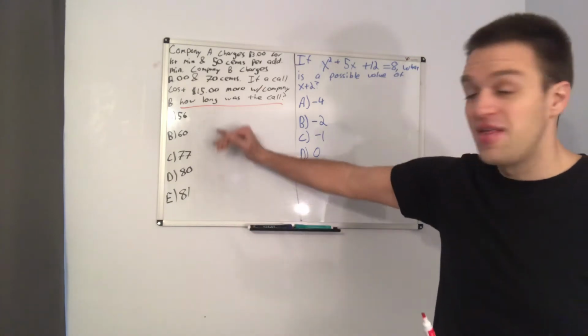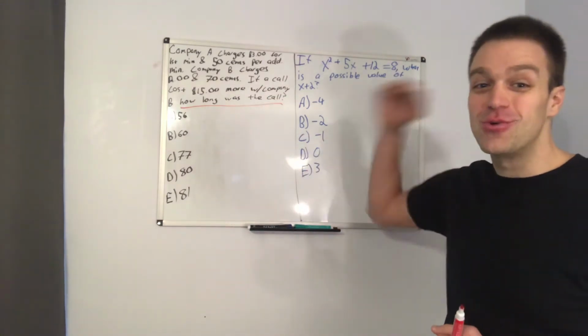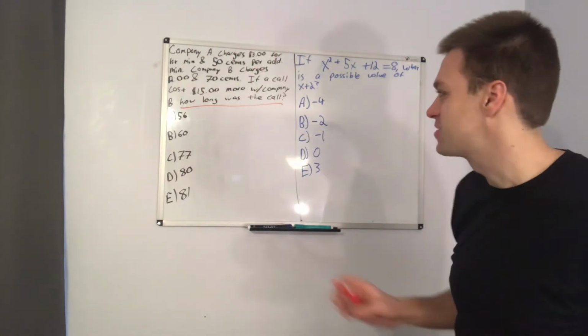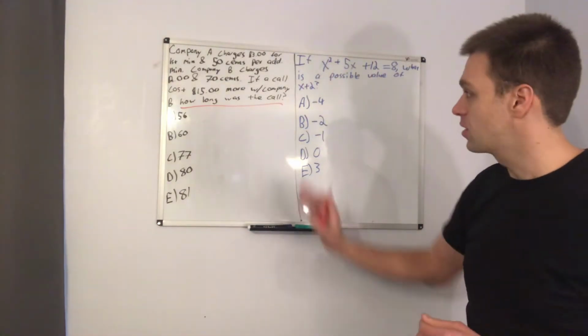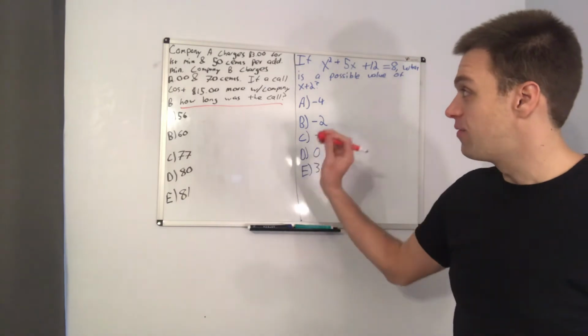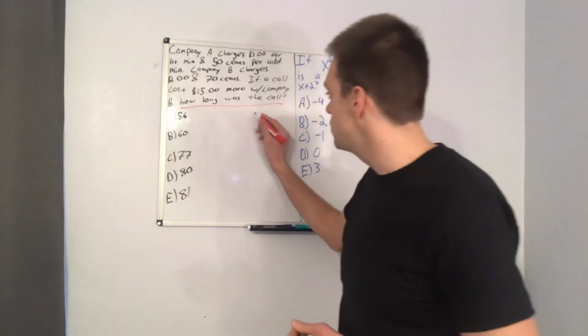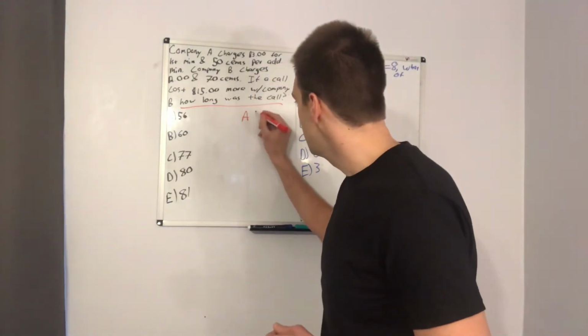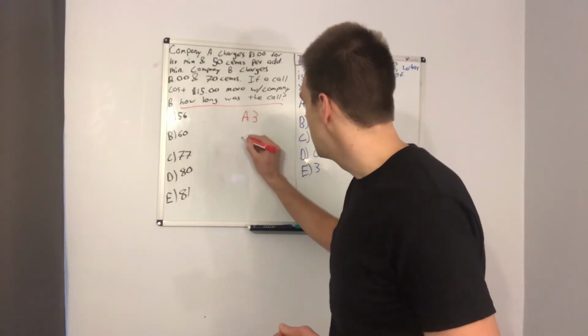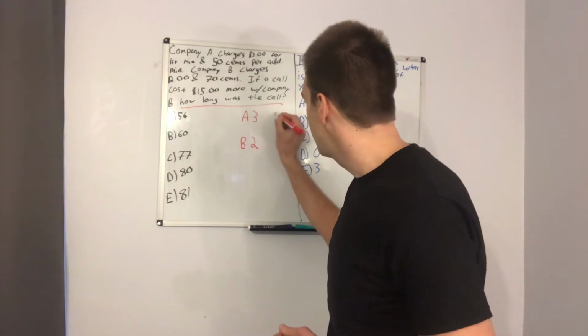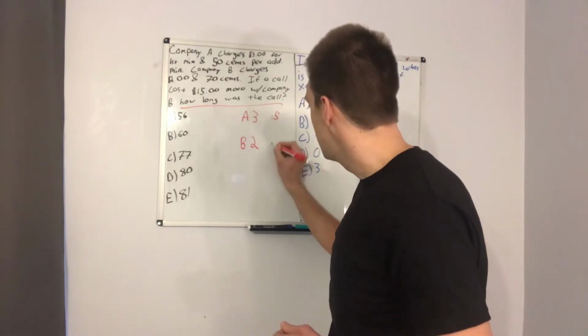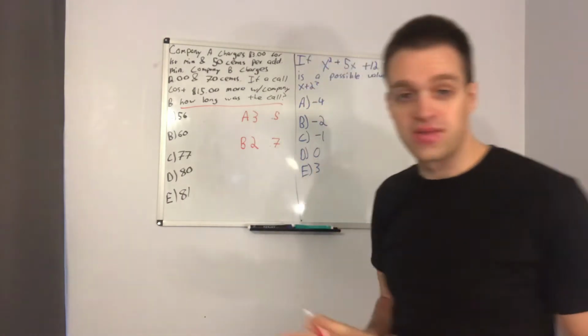And you can bet that one of the answers will be the right answer to a different question that they didn't ask. So we want to know how long was the actual call. So we're looking for the number of minutes of the call. And keep in mind that we do have the first minute is $3 with company A and $2 with company B. And then we have 50 cents after that and 70 cents after that.